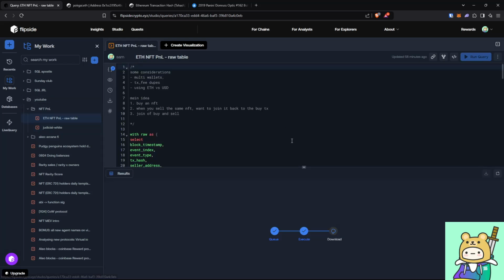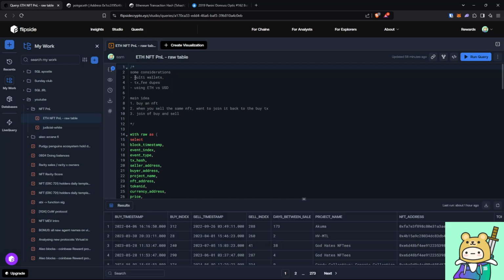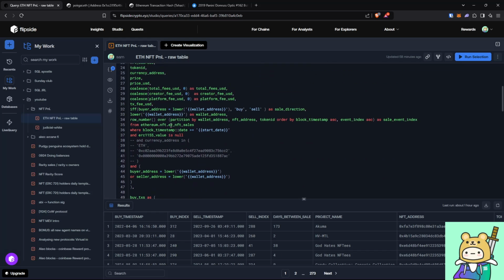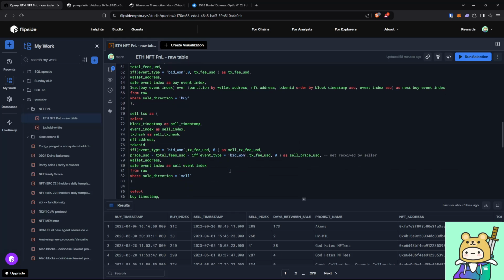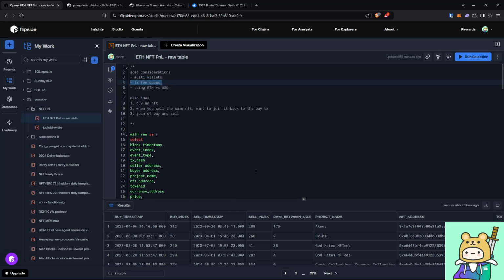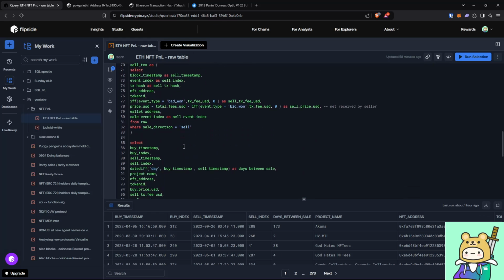Okay. I wrote down some considerations here. So there could be dupes of transaction fees, because one transaction itself can have multiple NFT sales. If we're summing up all these transaction fees, there will be duplicates. So how I would go about this if I want to be super accurate is to remove all the transaction fees here, then join in the transaction fees right at the end.